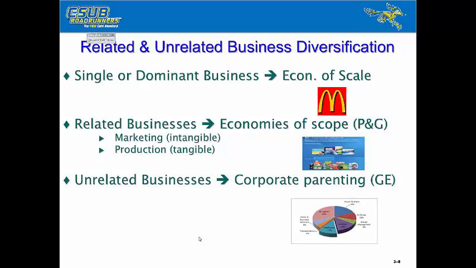Completely different businesses, but it's almost like a stock investment company or a holding company. General Electric chooses good businesses, not necessarily because they share the same resources, but because they want to own them all under one corporate umbrella for investment purposes. So it's usually dicey to do unrelated diversification, but every once in a while it works, and GE is a great example.